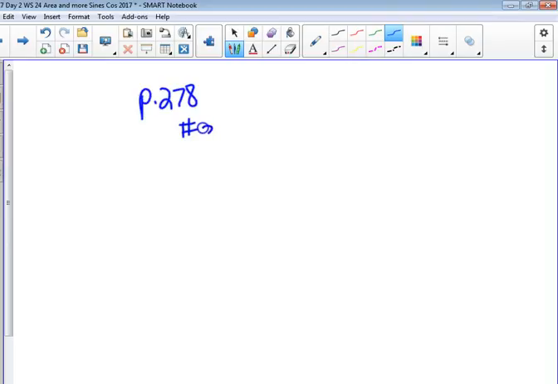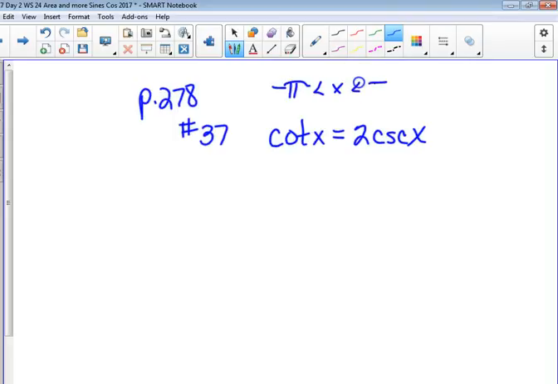Number 37-ish. Okay, I think this one says cotangent of x equals 2 cosecant of x. Does anybody have a book? I could look that up quick. All right, and in the directions it says between negative pi over 2 and pi.